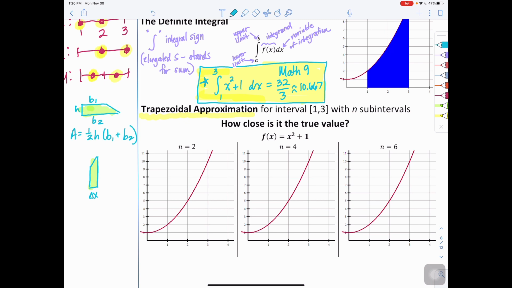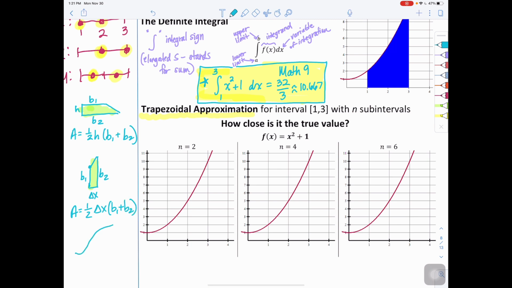Then we'll go ahead and call this B1, or you could just do the y value on this side, but I'll write B1, and this is B2. Okay, so that area is now still the 1/2 that is part of the formula. That is not what we put in front of our rectangular approximations. That is part of the formula. And then we're going to have delta x times B1 plus B2.